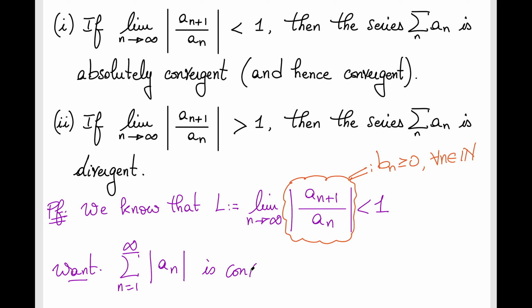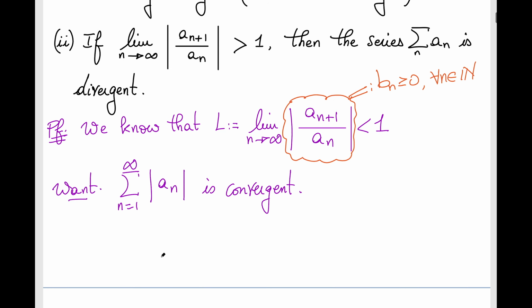That's what it takes. This is what it means for this series to be absolutely convergent. So that's what we want. We're going to find that this is a finite number.